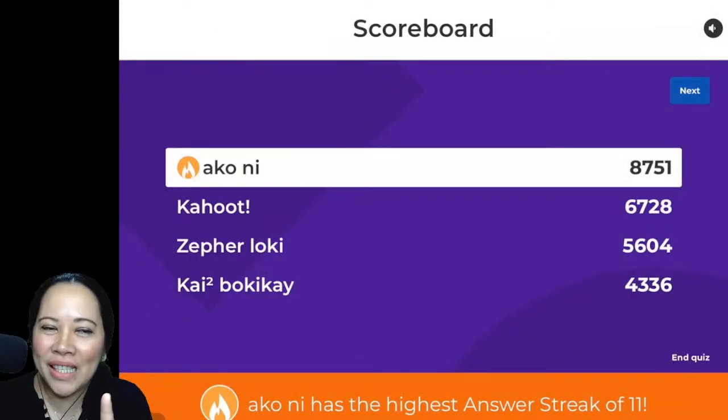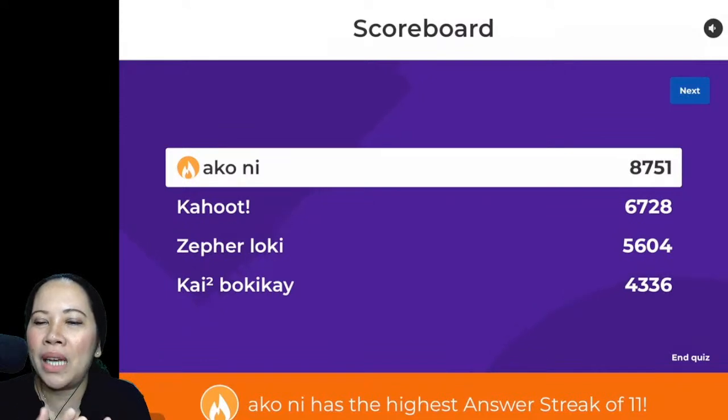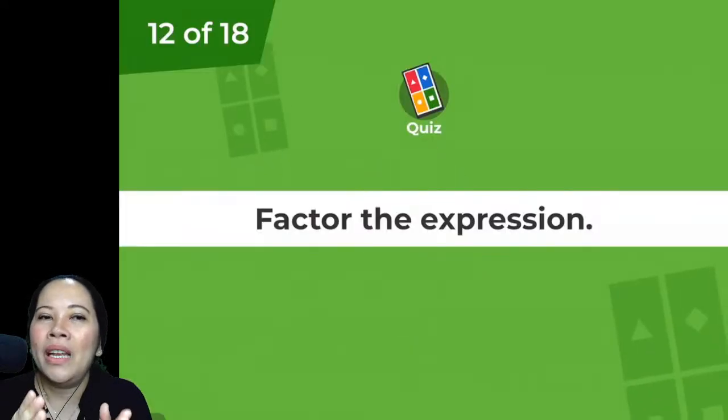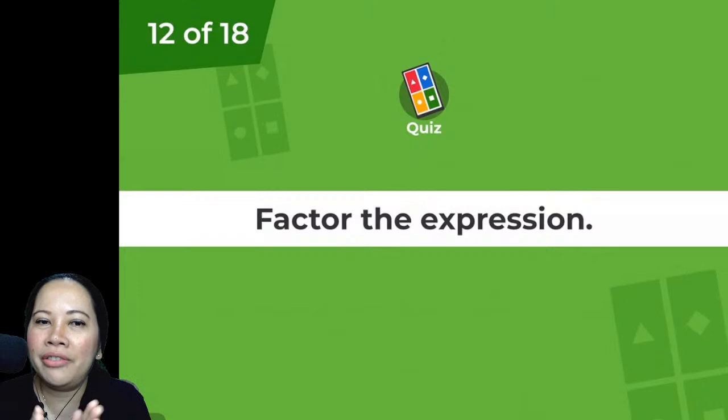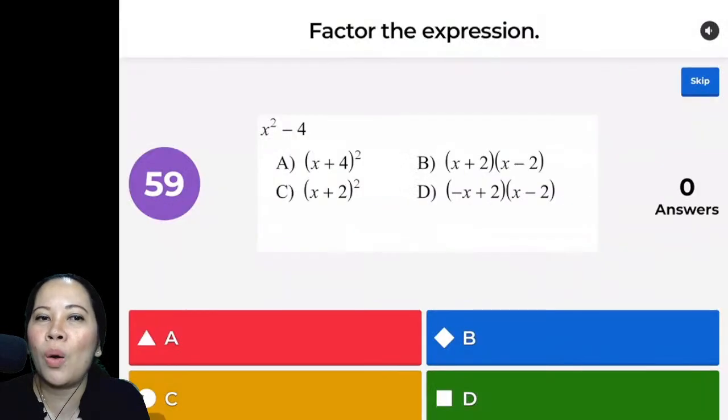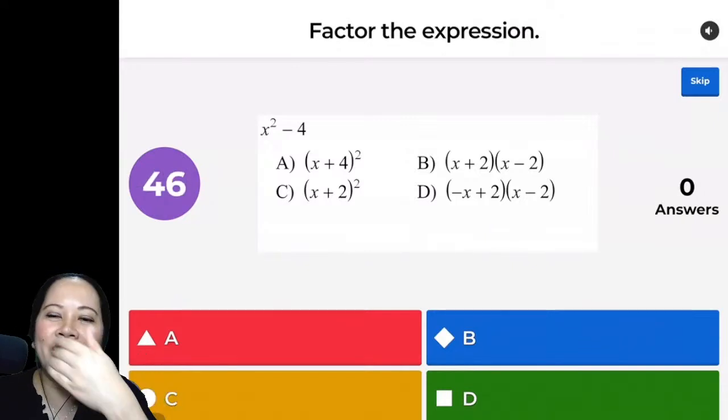Okay, difference of squares, the factor is always plus and minus. Okay, if it's perfect square trinomial, the factors is always minus minus or plus plus. So for this case, since it's difference of square, which of the following is the correct factor? Yes, correct, Midnight Mango.